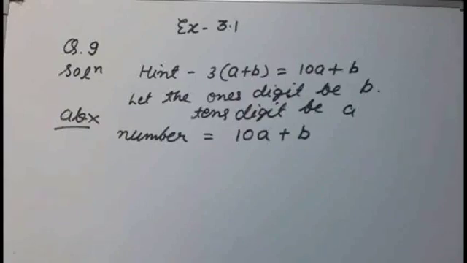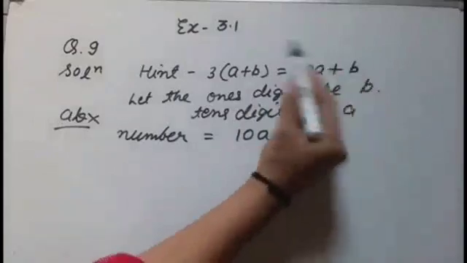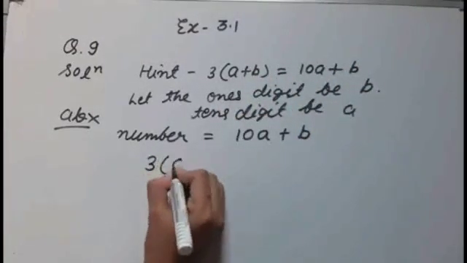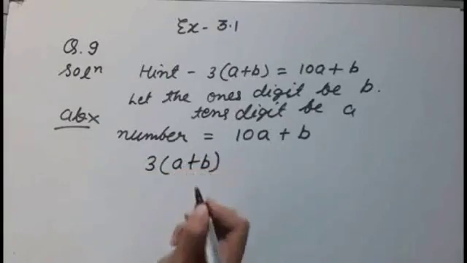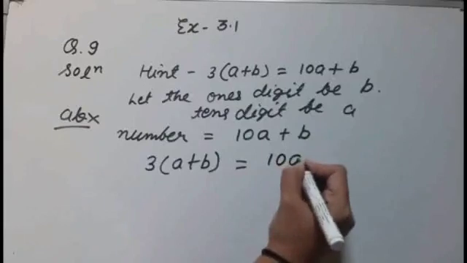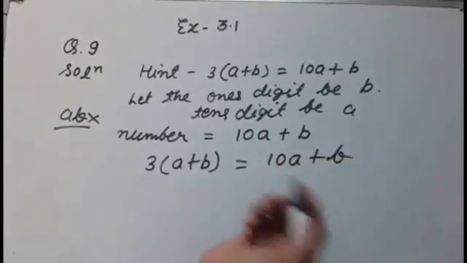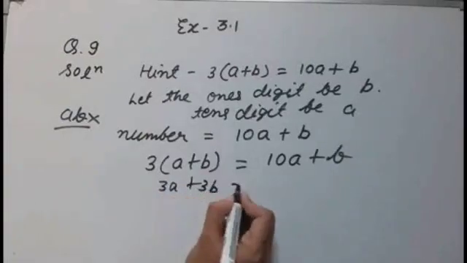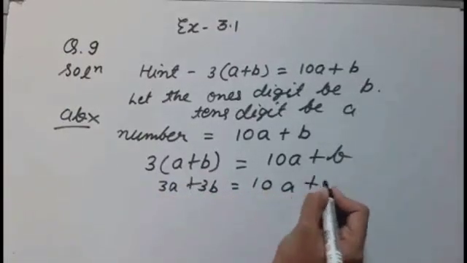Now I think you will come to know how it occurs. Okay. So according to the question, 3 times the sum of the digits is equal to the number itself. And what is the number? After solving this, 3A plus 3B, 10A plus B.